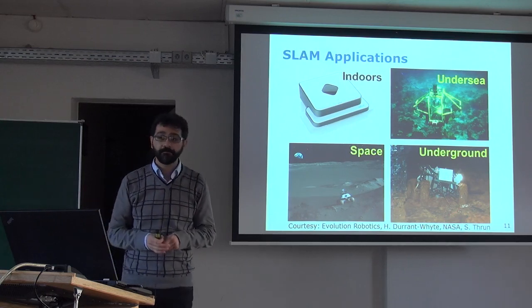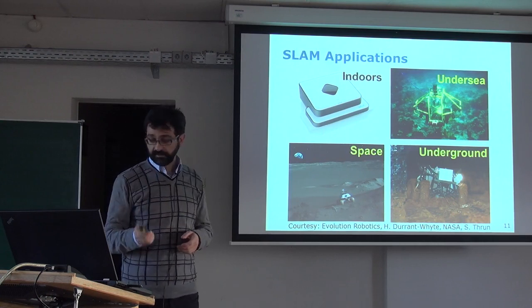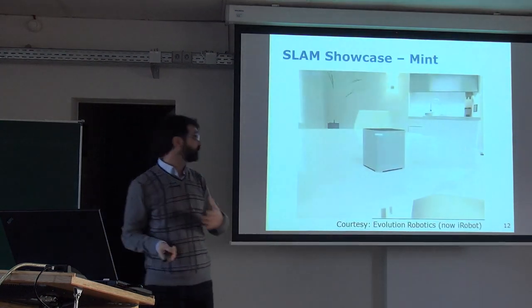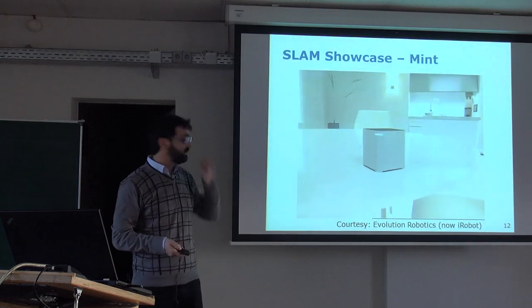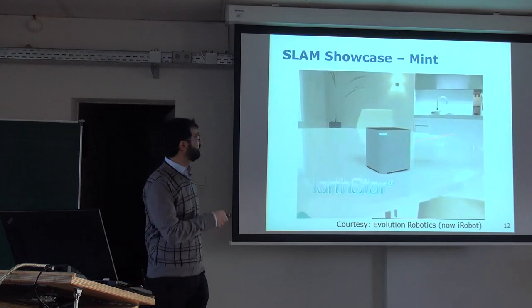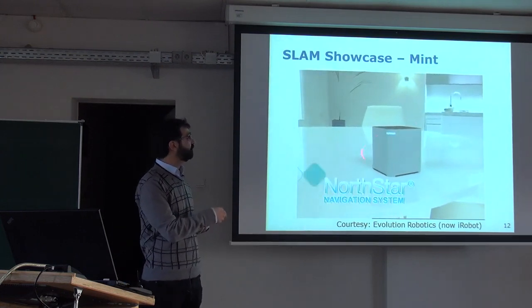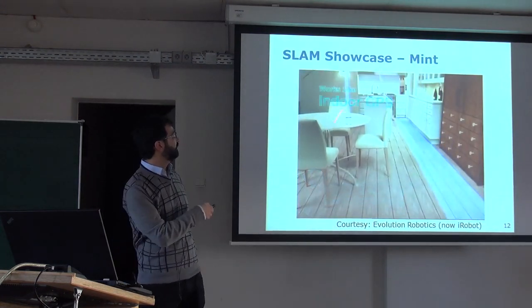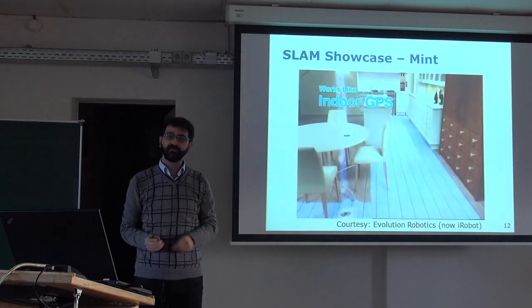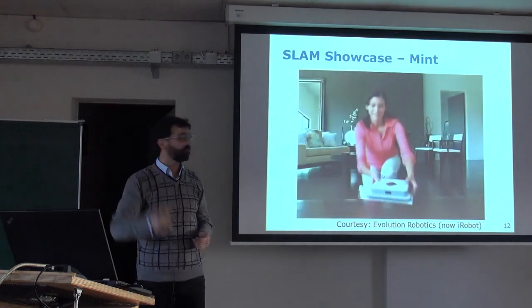Now, to get another idea of SLAM in action, here is a video of this Mint, this, let's say, vacuum cleaner. What it does is it has this cube. You put it on top of a table. It projects some stars on the sky, which basically now is the ceiling of your room.